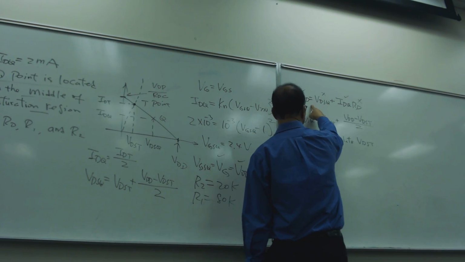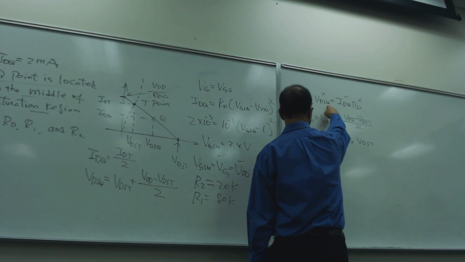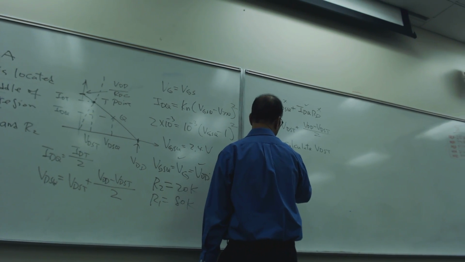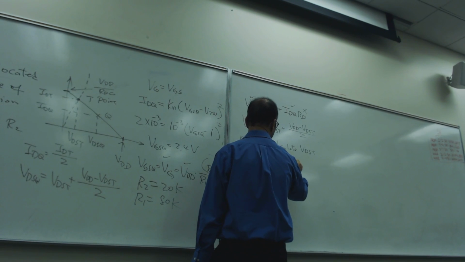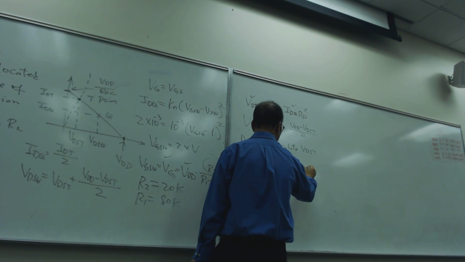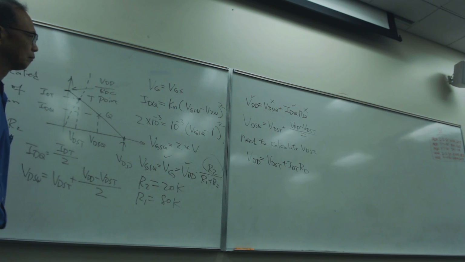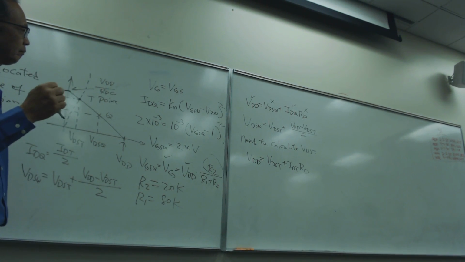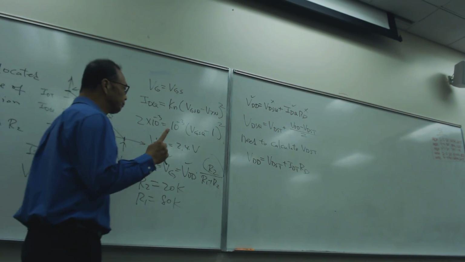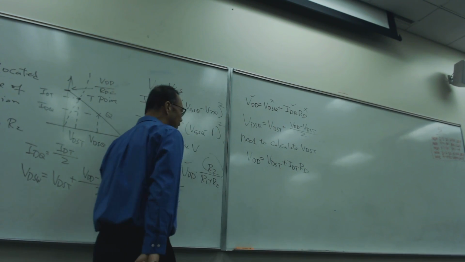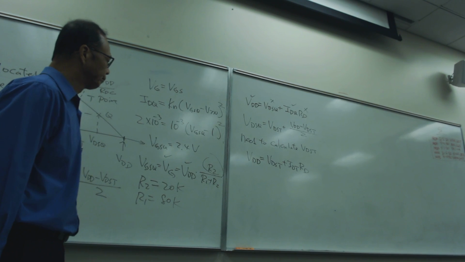It's the output loop equation, but instead of Q, you have T. So that's always the first equation. The same KVL for the output loop, but now you put T instead of Q.